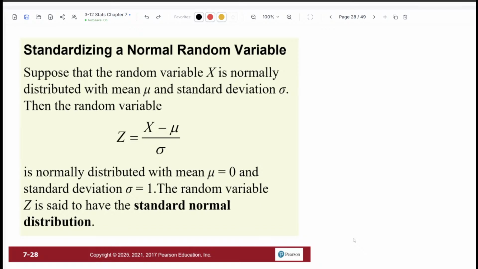Z-score tells us the amount of standard deviations that are between that value and the mean. So it basically standardizes it, so no matter where the value is, this is going to tell me how many standard deviations I am away. So to do this, you need to know which value we're looking at, the mean, and the standard deviation.